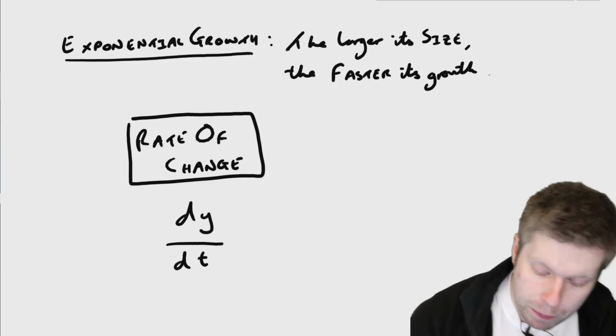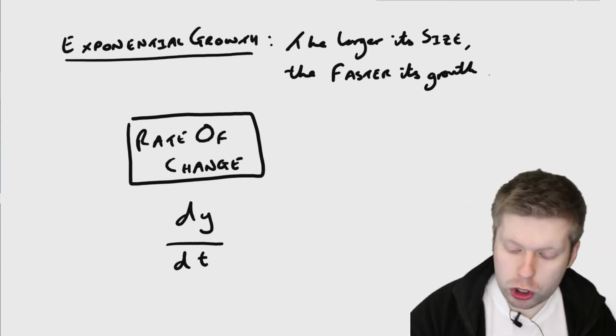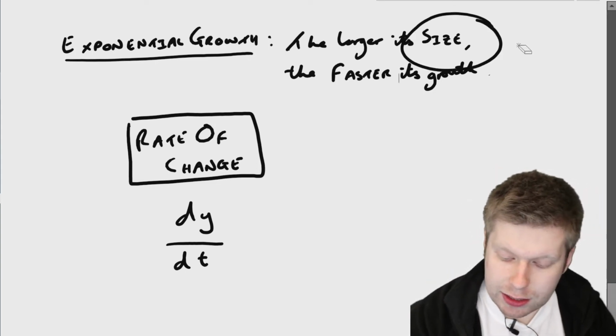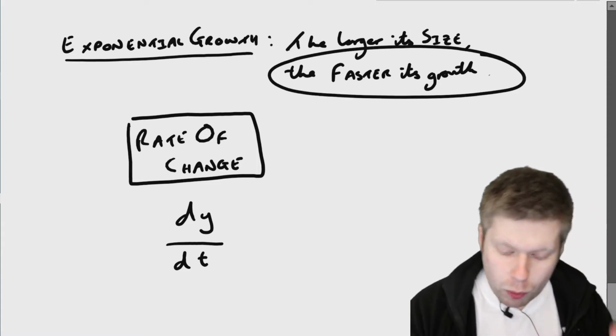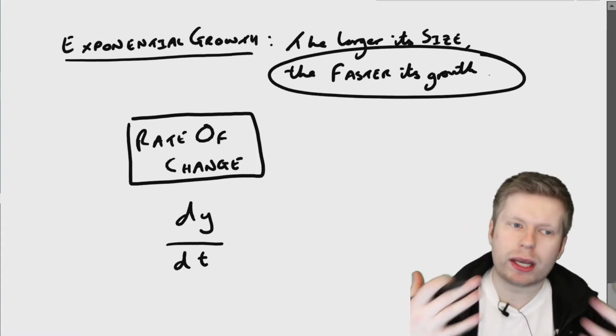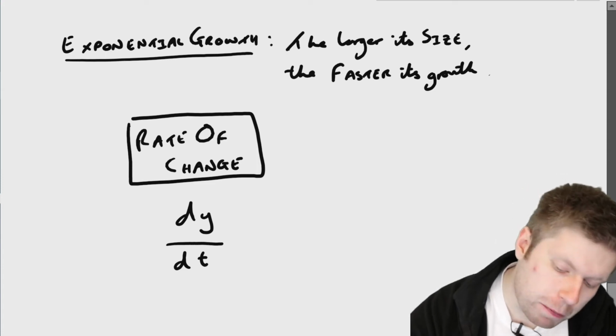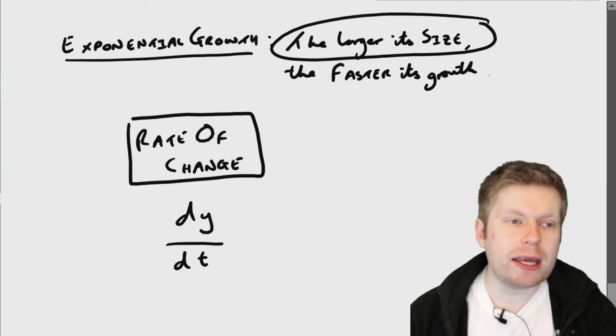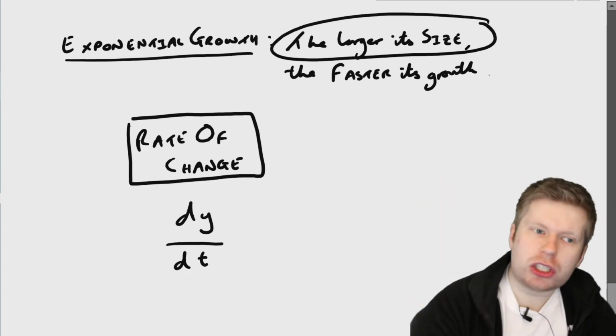Well, that should be proportional to whatever its size is. So the faster its growth, that's the rate of change, how quickly something is changing, should be proportional to however big it is. The bigger something is, the faster it can grow.